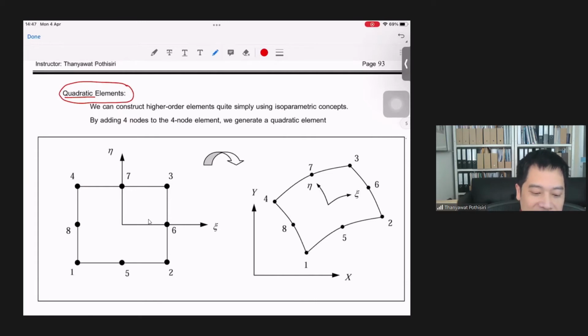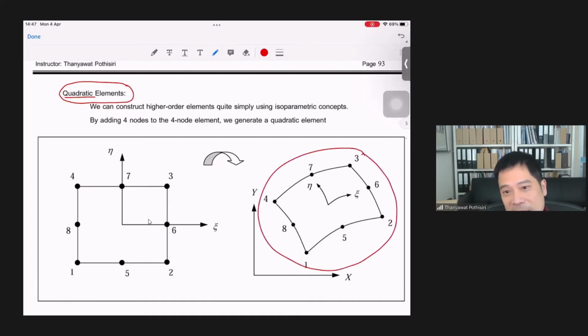Okay. So how can we compute the element stiffness matrix if the domain of the element is a curved domain like this? It would be very difficult, right, to compute an integral over this type of domain.